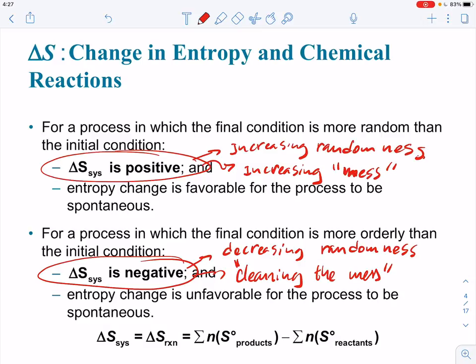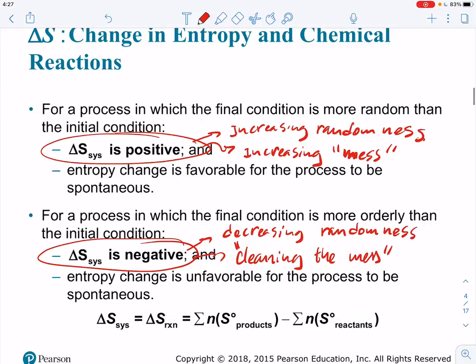So is it going to go spontaneously? I mean, is the mess going to be spontaneously fixed? No, you have to provide some energy. You have to provide some effort to clean the mess. So that's why that process is not favorable to be spontaneous. The other way around, it is, but with a negative change in entropy, the process is not favorable.